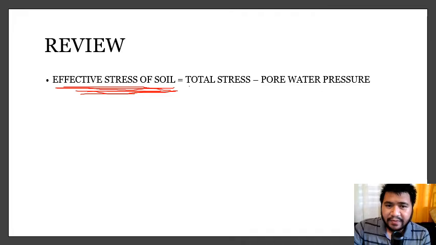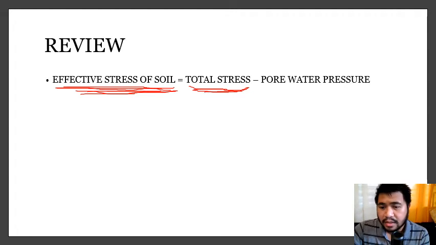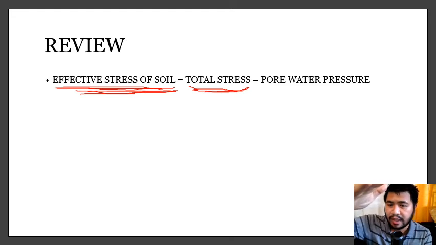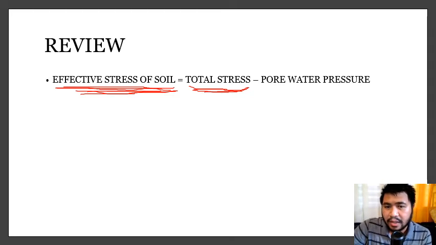Effective stress is a function of your total stress. Total stress is basically a function of how much overburden you have above a certain point or above your soil layer.